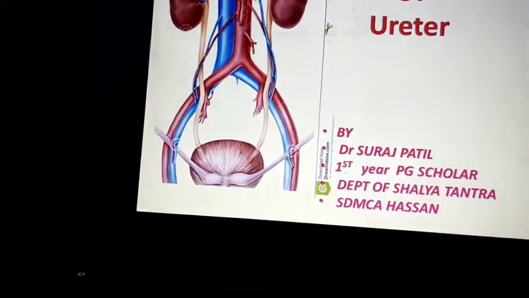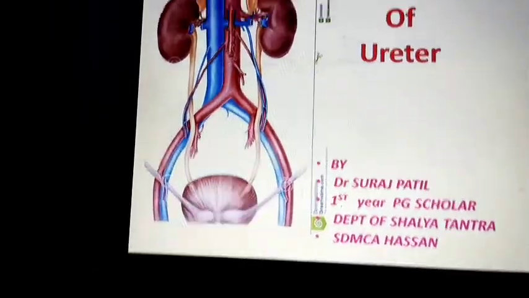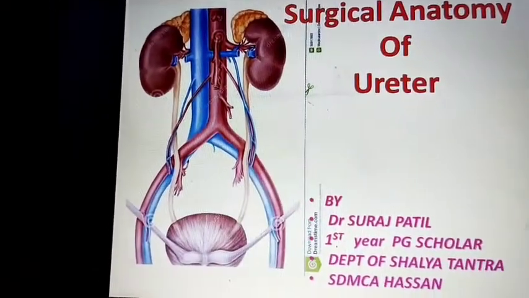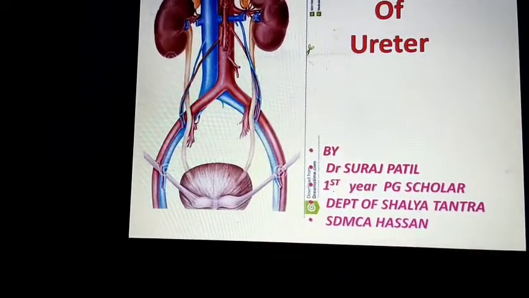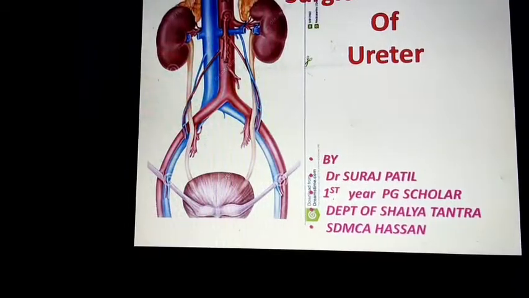It begins within the renal sinus as a funnel-shaped dilation. It is called the renal pelvis.